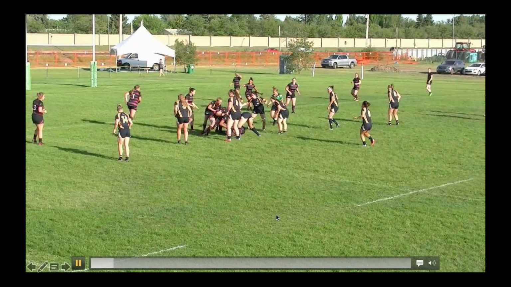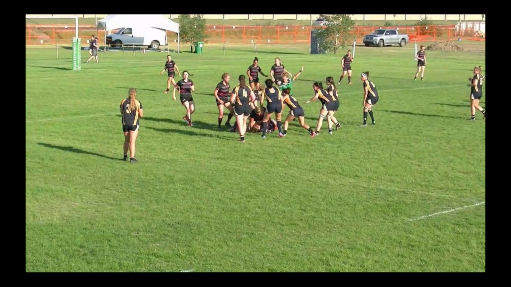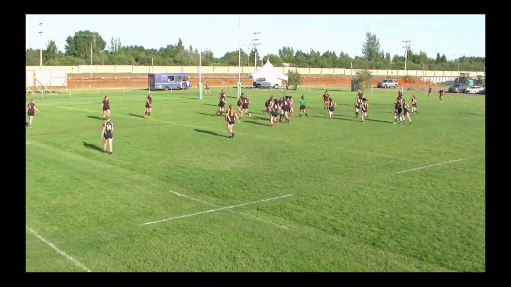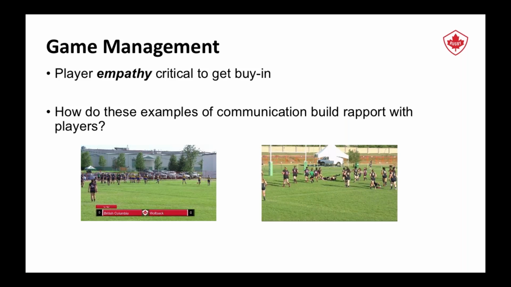And then this one, I thought it's just the small things, the little nuances in the game, right? Quick tap off the penalty. Number 8, Black, hasn't retreated and goes to reach and doesn't, and the referee just gives a quick thank you. And to me, that is a massive part of how we get players to buy in, because it shows that we're aware of the game, we're aware of what players are doing, and we're aware of when players actually do pull out, when they do have an opportunity to commit an infringement.